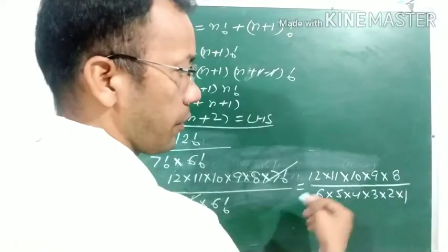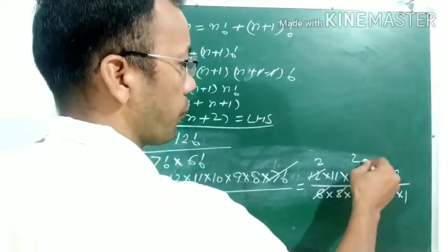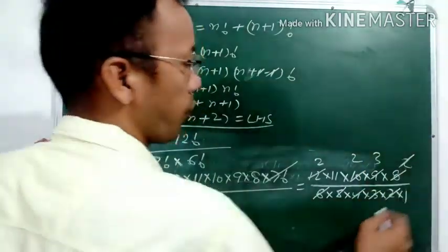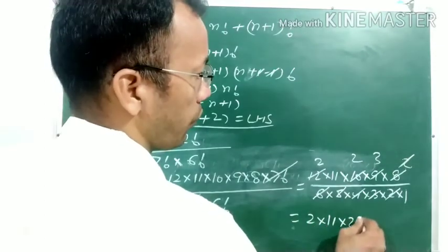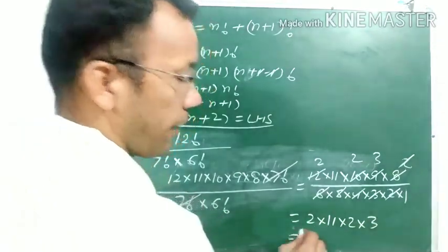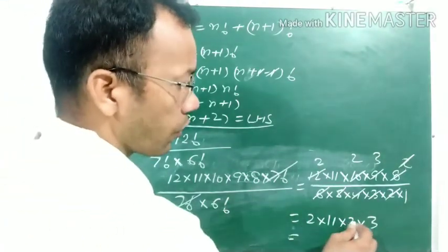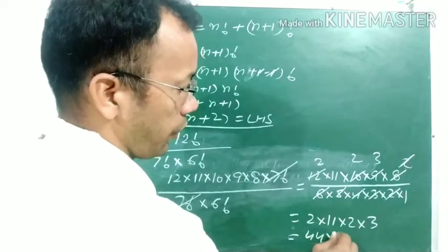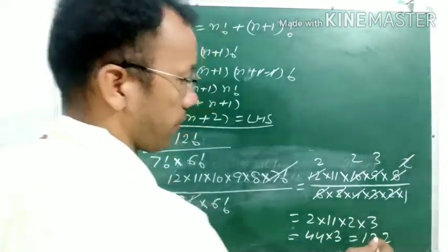Now just check this: 6 into 2 is 12, 5 into 2 is 10, 3 into 3 is 9, 4 into 2 is 8, and 2 cancels out. So what is the answer? This is 2 into 11 into 2 into 3, so 2 into 2 is 4, 4 into 11 is 44, into 3 is 132. So that is the solution.